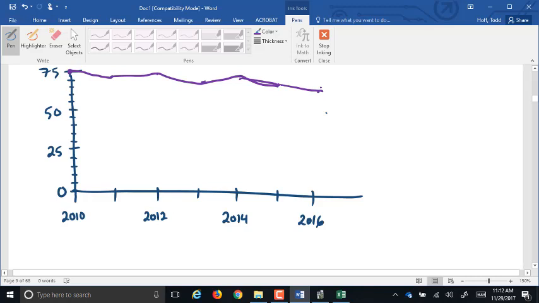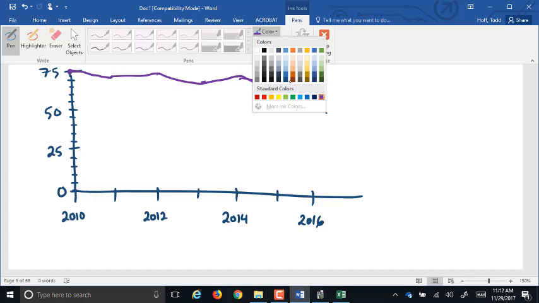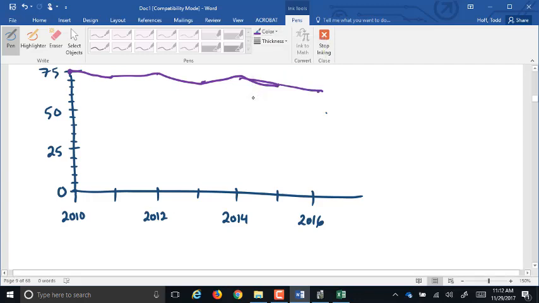Now, as we look at it displayed that way, does it look like there's anything to worry about? No, it looks pretty flat there, doesn't it?